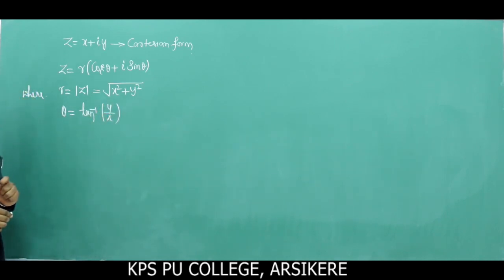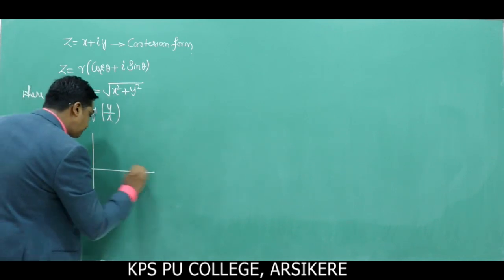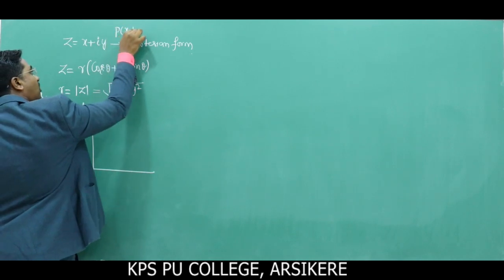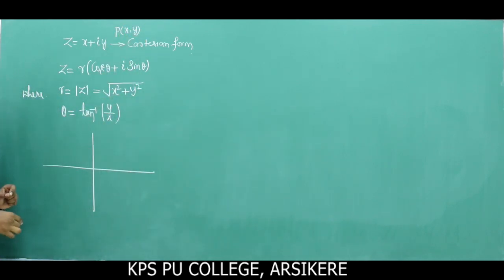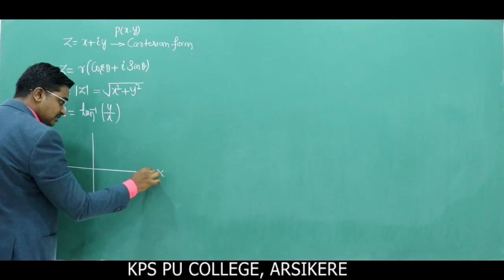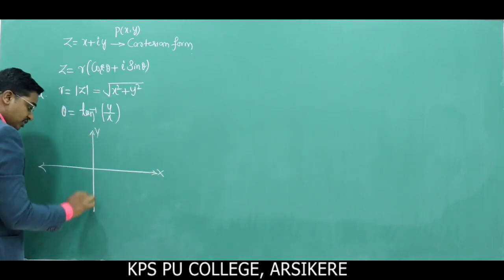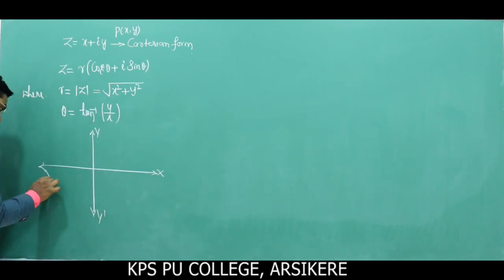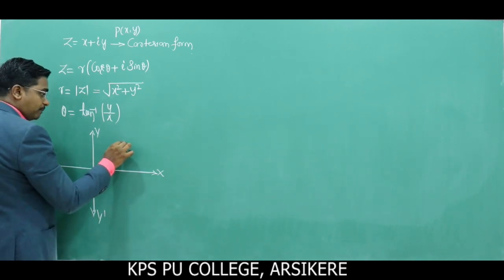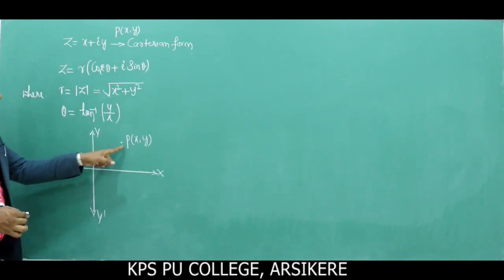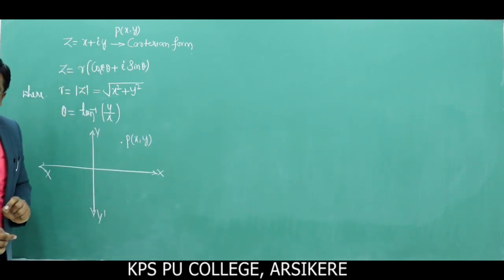Then how to represent this in the complex plane? It is very simple. From this I will extract P of x comma y, an ordered pair. Here this is the x axis, nothing but the real axis, and this will be the imaginary axis. So here we have the point P of x comma y. This point represents z is equal to x plus iy.